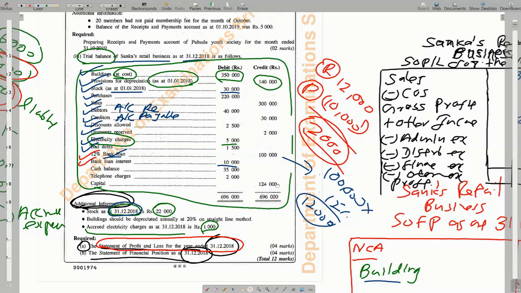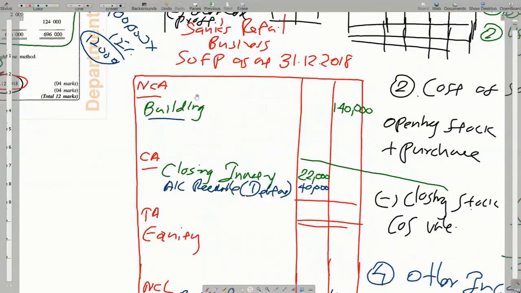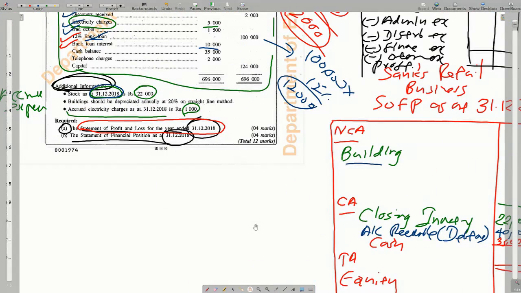So 35,000 you put under current assets. Then you can write here cash, 35,000. Very simple: if there is a cash balance, you consider it under the current assets.